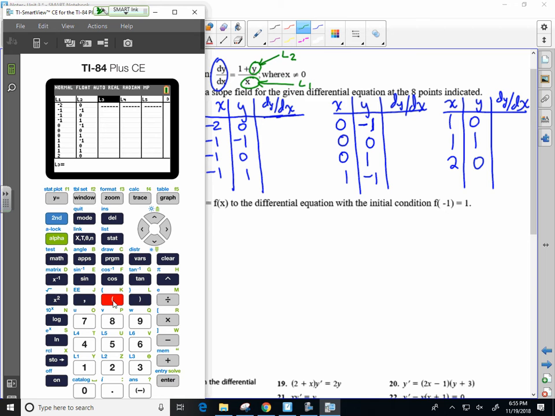I'll put parentheses, 1 plus L2. Right above the 2, you can see it right there is the L2. I get it by hitting second 2. Close the parentheses, divide by my x values, which are all in L1. I get that by hitting second 1. So it's going to take every value that's in L2, add 1 to it, and divide by every value that's in L1.